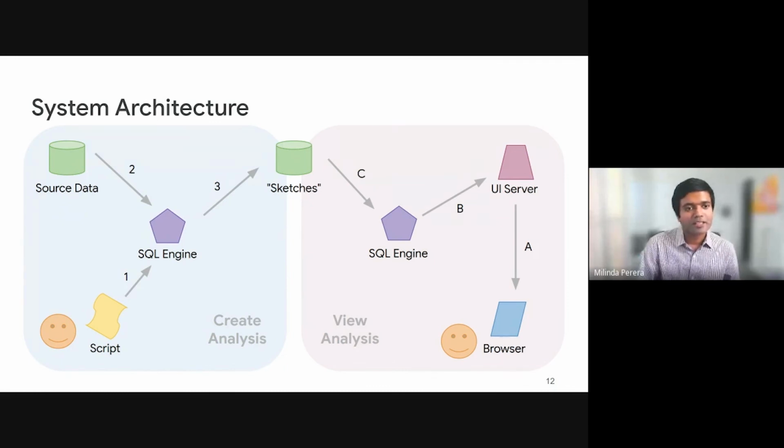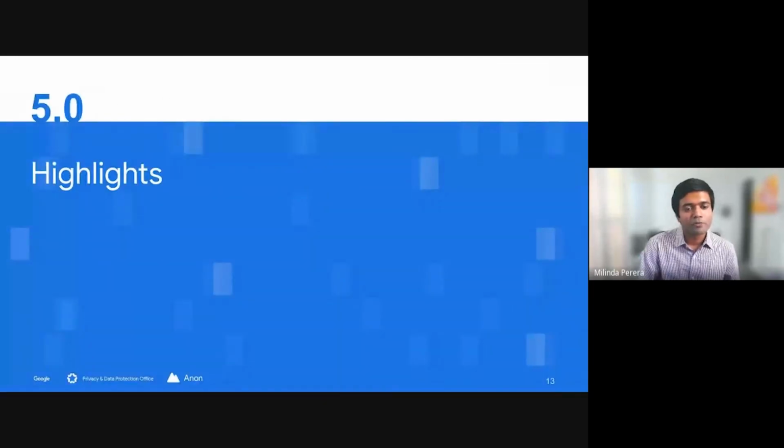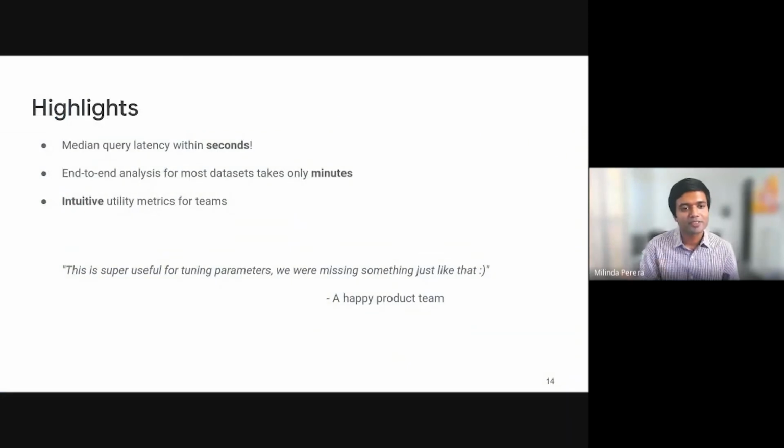All right, and as a couple of highlights of our system, you can actually run this analysis and get the output within seconds. Our median query latency is around 10 seconds. And the time it takes to start with the raw data set, create the sketch, and view the analysis, the entire end-to-end process, takes in the order of minutes, maybe 15 minutes in most cases.